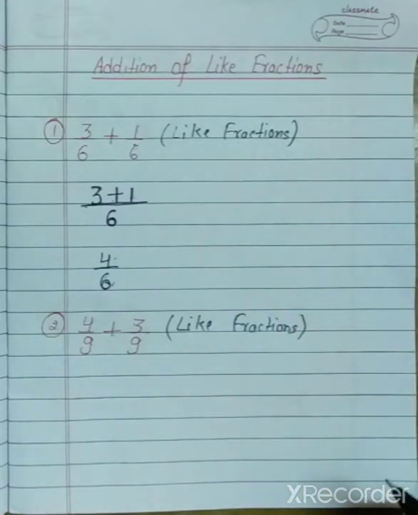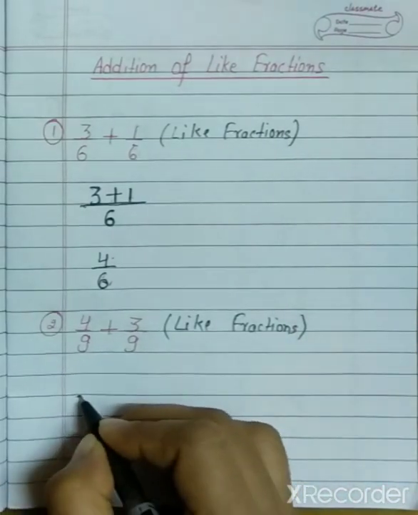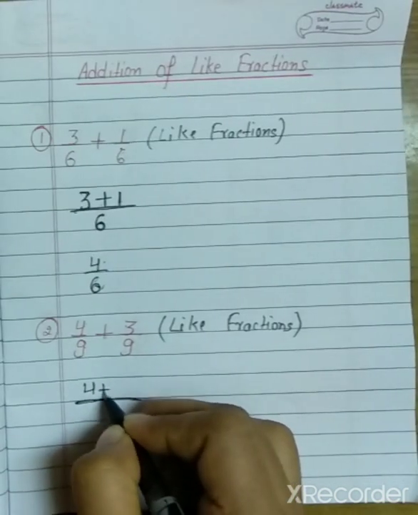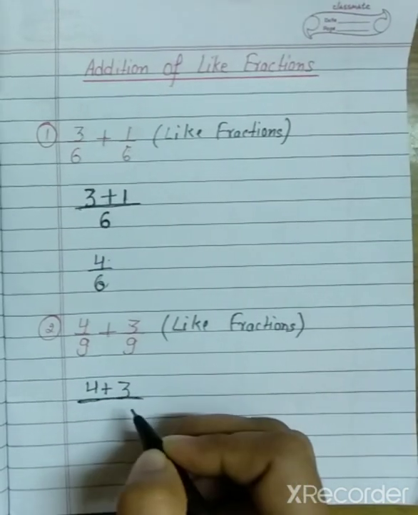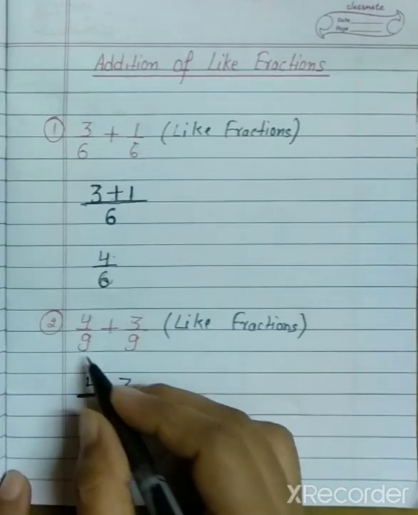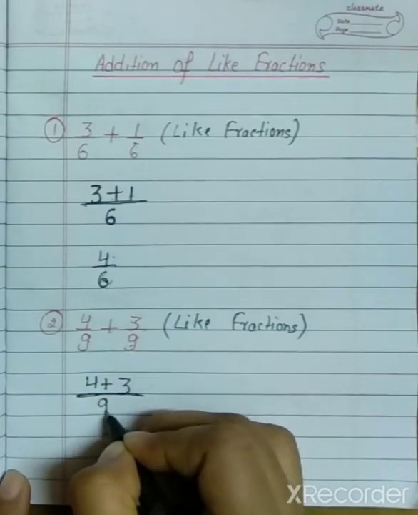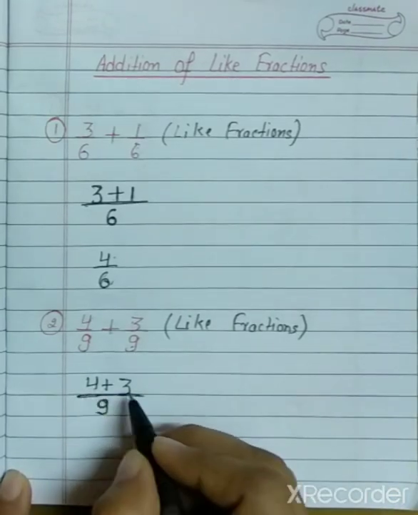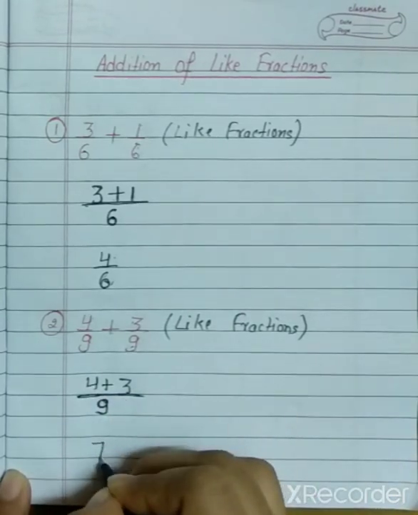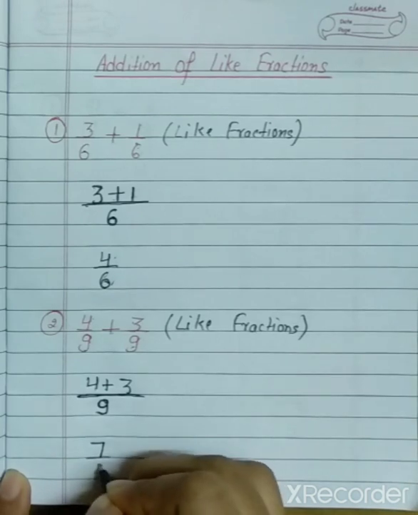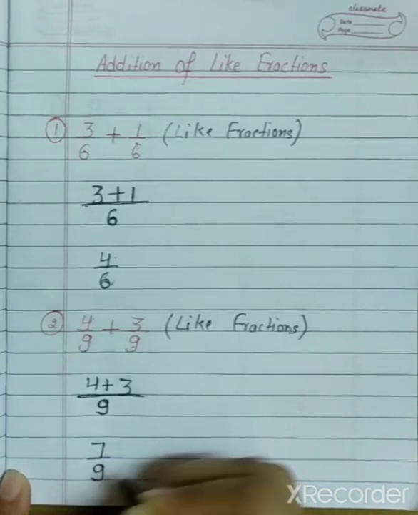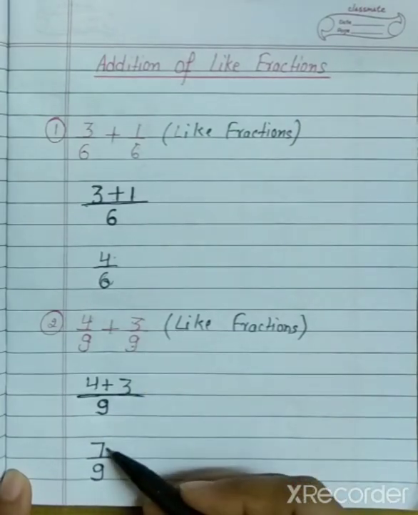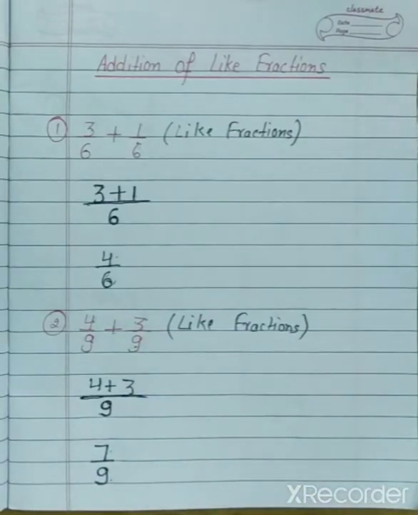To add like fractions, just keep in mind we will always add the numerators only and keep the denominator as it is. 4 plus 3, 7, and denominator is 9. So 4 by 9 plus 3 by 9 is equal to 7 by 9.